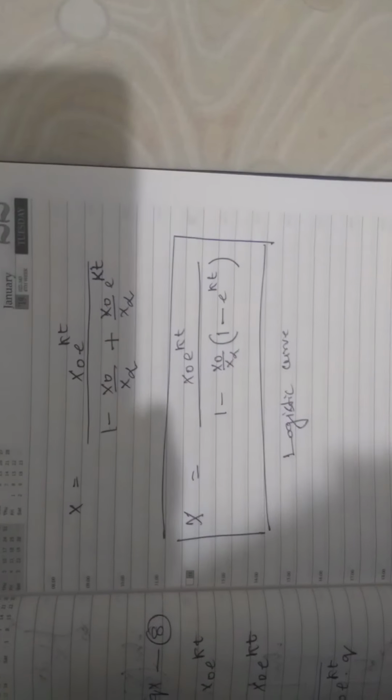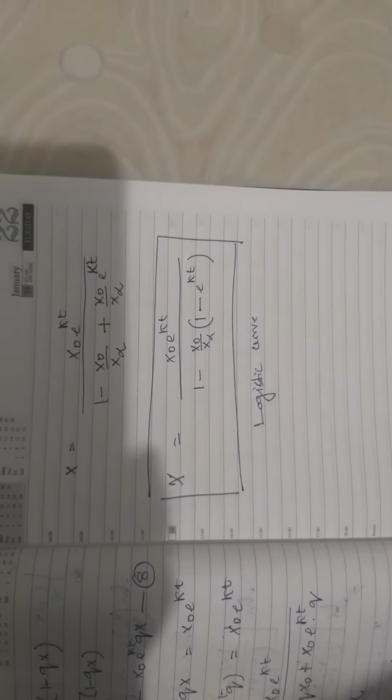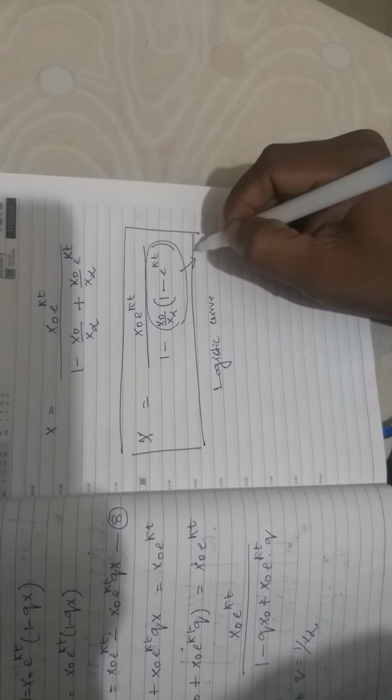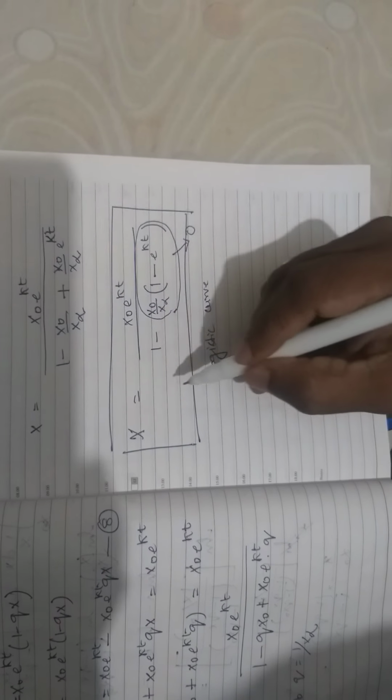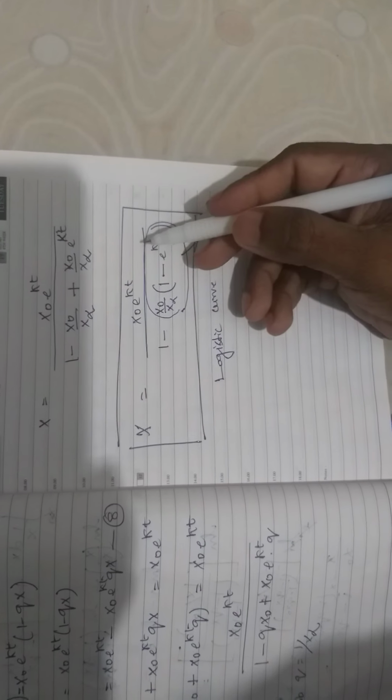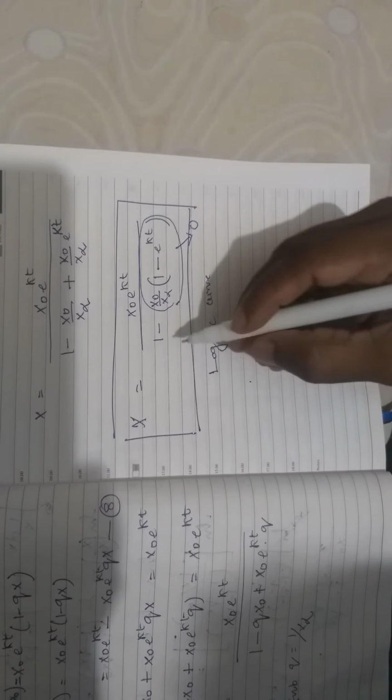Logistic curve means load carrying capacity in the growth curve. This load carrying capacity is the toxins which are present in the growth that will suppress the growth of the microbes. So if this whole term is not present, or when you consider this whole term is equal to 0, then x is equal to x naught e power kt, that is an exponential equation.